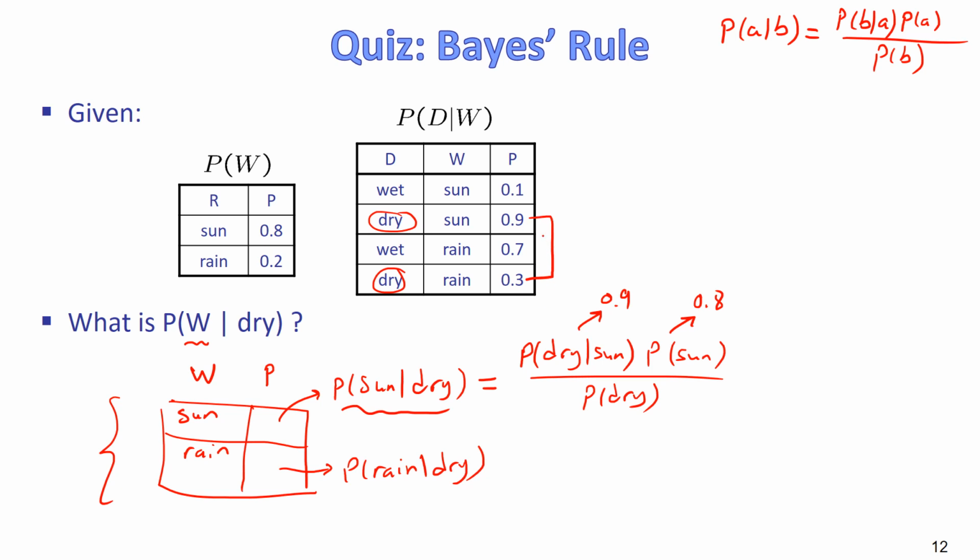If it happened that this is 0.5, that would be okay. Okay, let's think together, Yusuf. How can we compute probability of dry using another variable? Because we don't have probability of dry directly here, right?